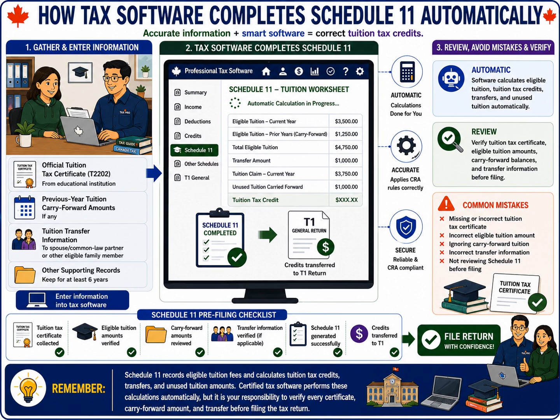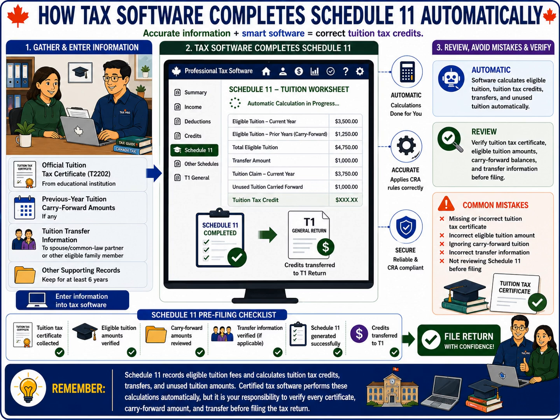Once these documents have been collected, the tax preparer enters the information into certified tax software. The software automatically creates Schedule 11 and begins calculating the student's available tuition tax credits.